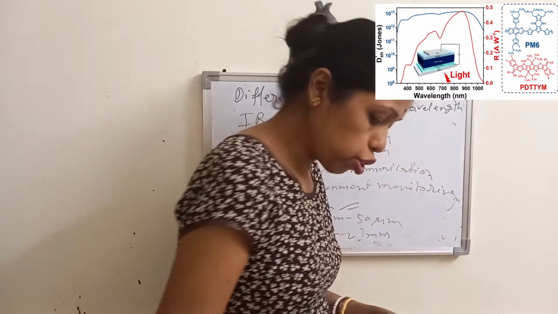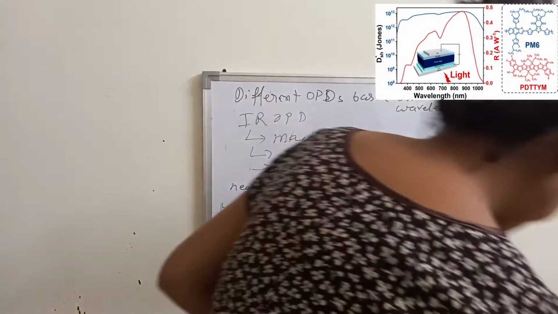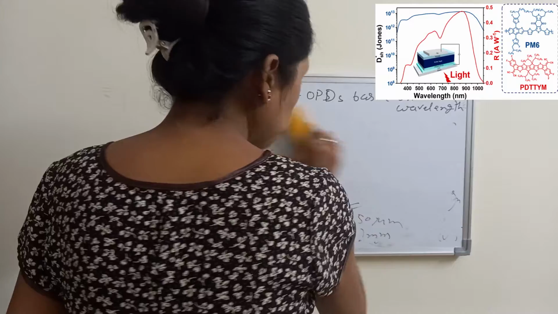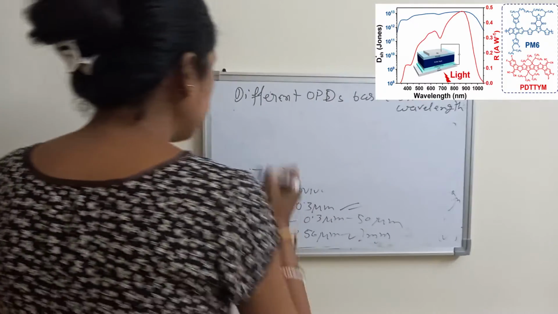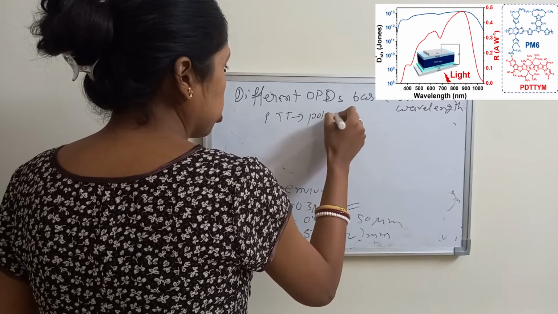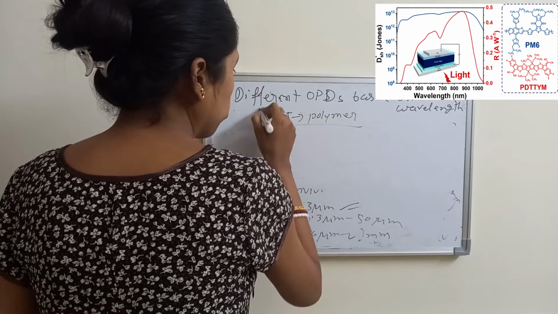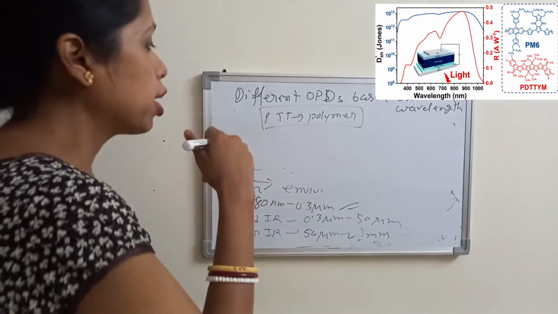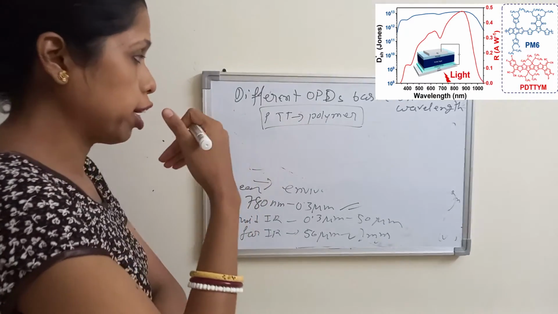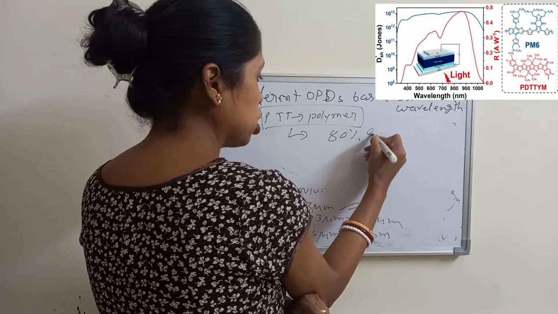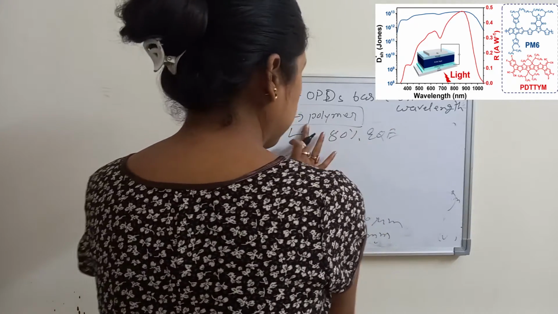So what kind of material can we use? PTT is a polymer, one of the polymers that can be used for near infrared photodetectors, right? Already it can give almost 80% EQE in the near infrared region.